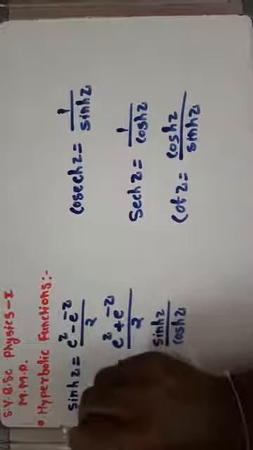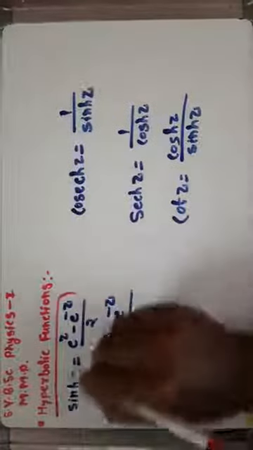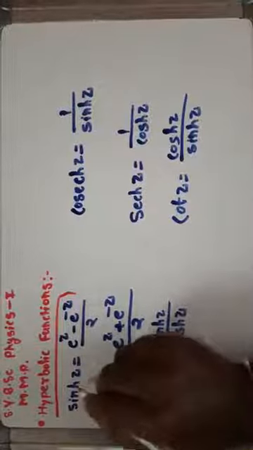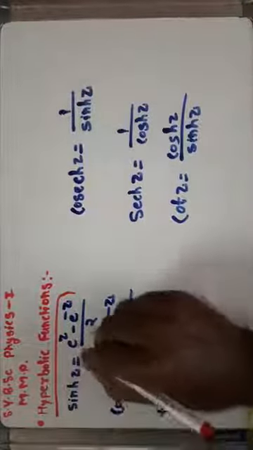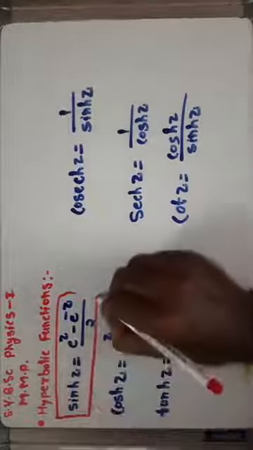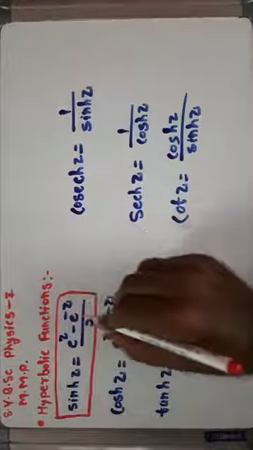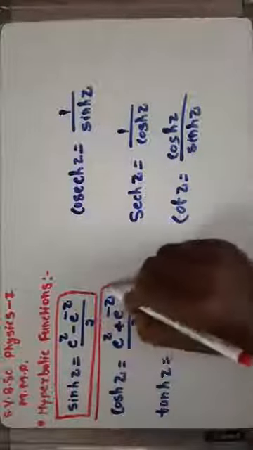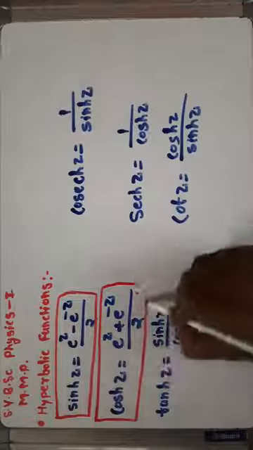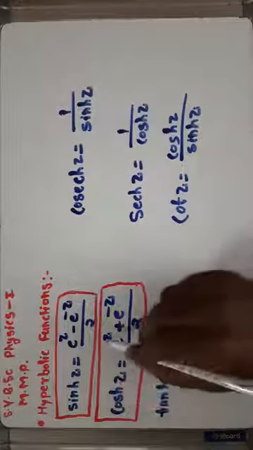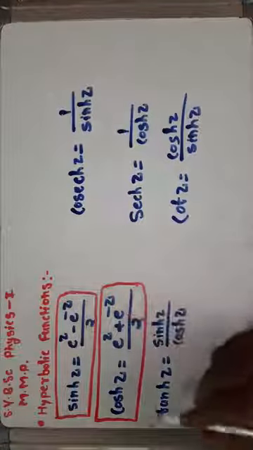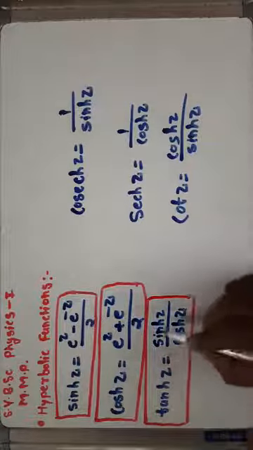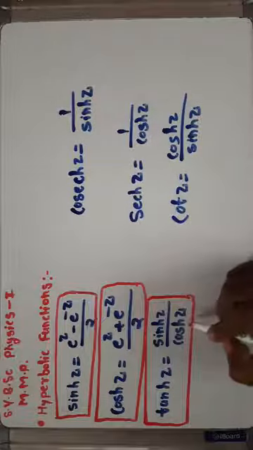Hyperbolic functions: the first one is sinh. Sinh z is equal to e raised to z minus e raised to minus z divided by 2. Cosh z is equal to e raised to z plus e raised to minus z divided by 2. Tanh z is equal to sinh z divided by cosh z.